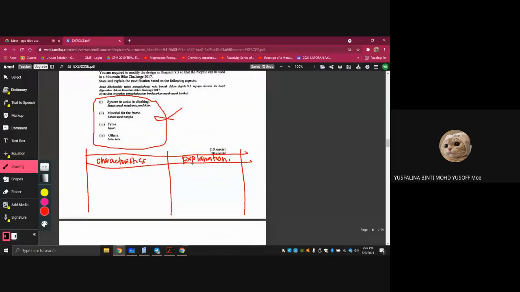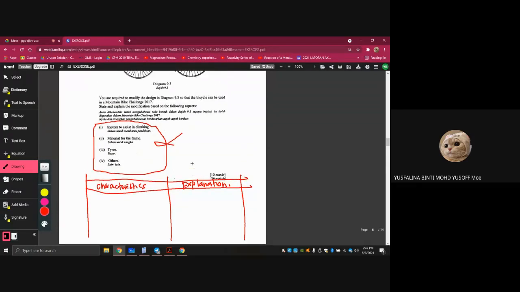If you have a bicycle and you want to do hiking, let's say you want to climb using your bike, what usually should your bike have to assist you? Yes, very good, gear. So you must have a gear.